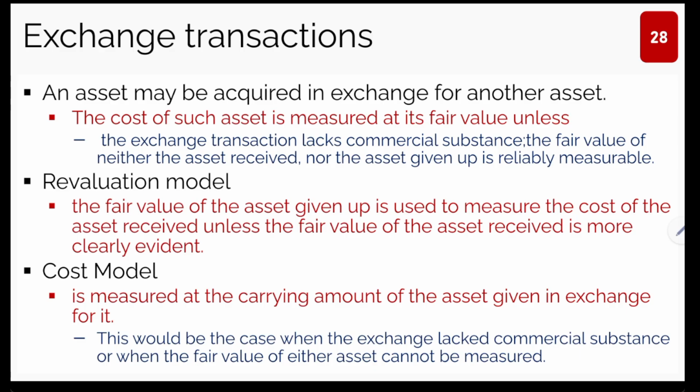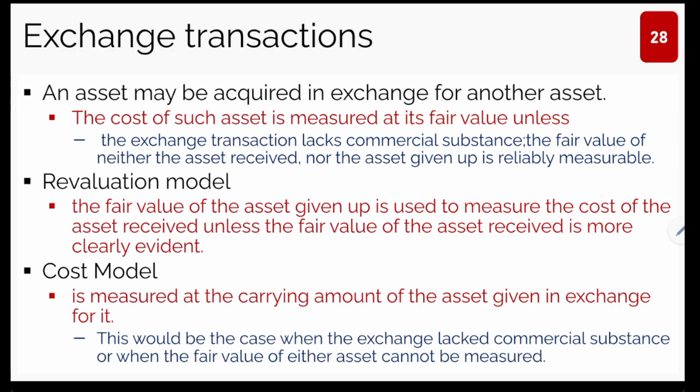So if I'm giving up a 2014 car to get a 2024 car, the cost of the asset I'm giving up is 1 million. That would then be the cost of the asset. All right. So the fair value of the asset given up is used to measure the cost of the asset received.